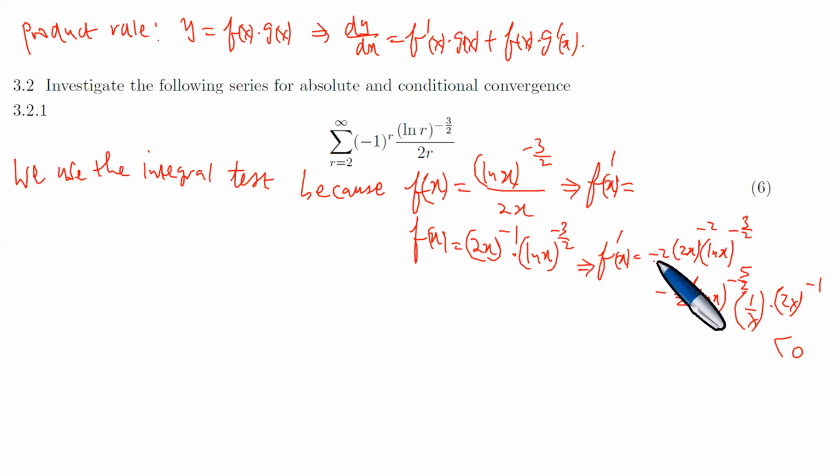So if you take the numbers x, this is less than 0 for x in the interval from 2 to infinity. Right, from 2 to what? To infinity.